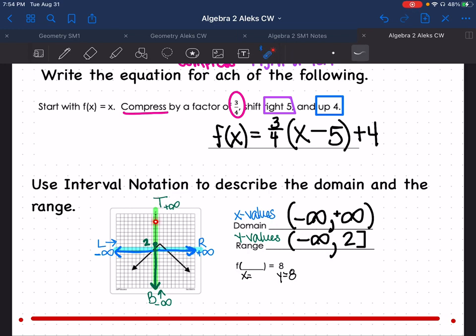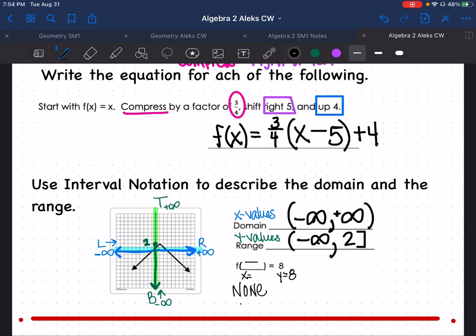It should be this one right here. Here's 8. And then you have to find the graph. The graph should be to the right or to the left, not up or down. There's no graph. So we're going to say none. There's nothing there.